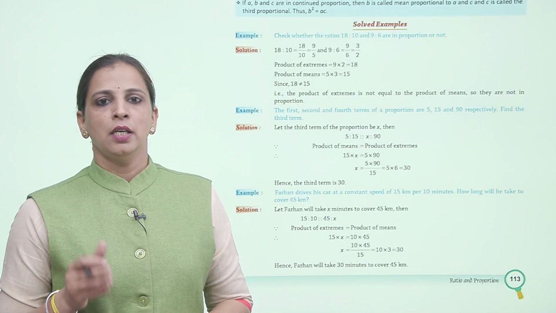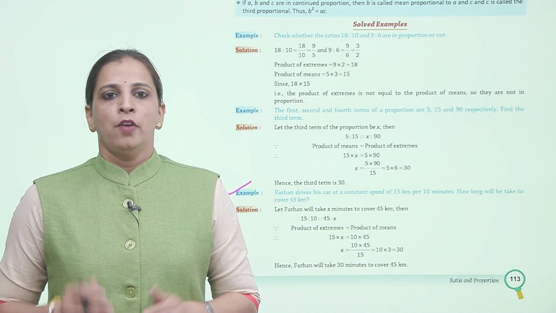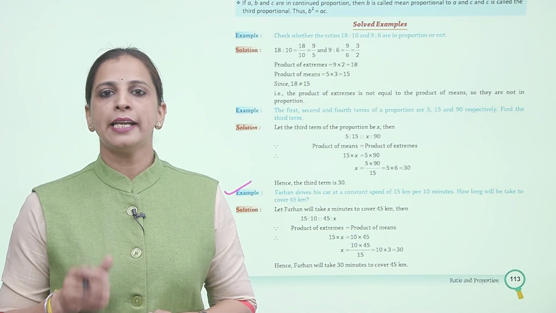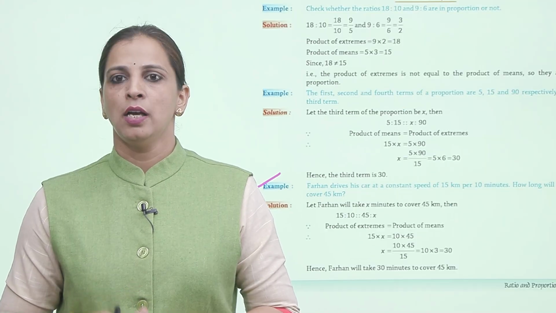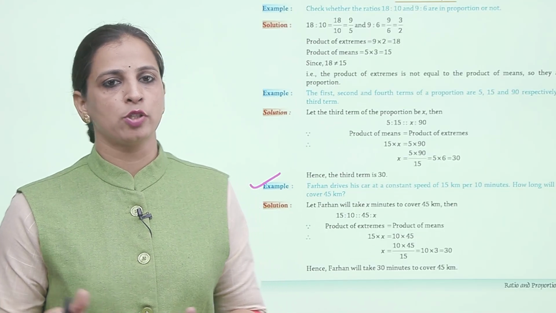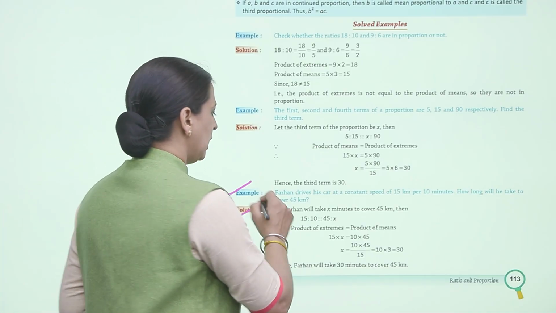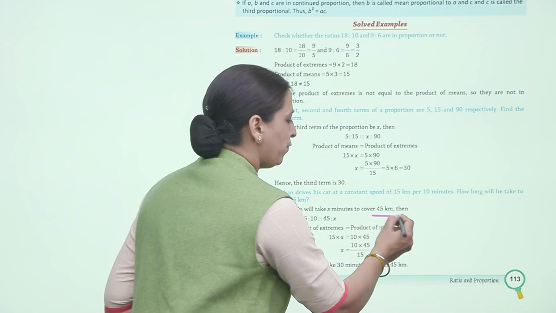Now next example. Farhan drives his car at a constant speed of 15 km per 10 minutes. How long will he take to cover 45 kilometers? Solution करते हैं इसका. Let Farhan will take x minutes to cover 45 kilometer.